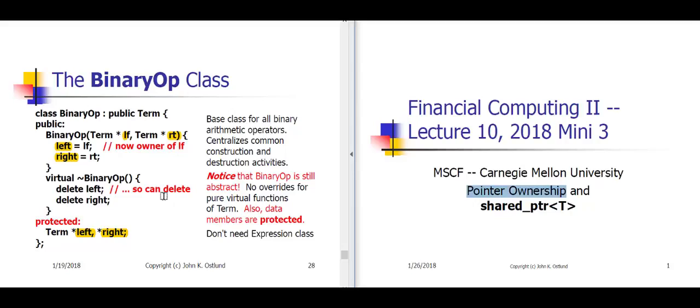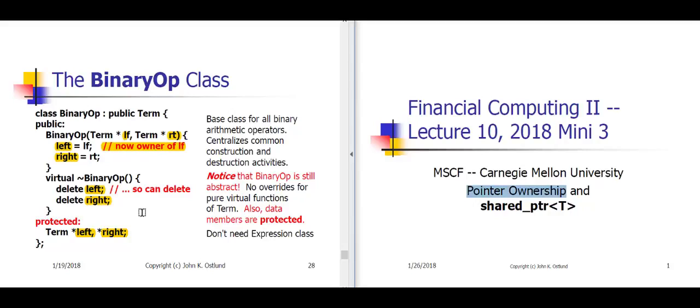Now, at this point, we had the binary op object become the owner of these pointers, so that when the binary op object was destroyed, the binary op destructor did the deletes of the left and right side.